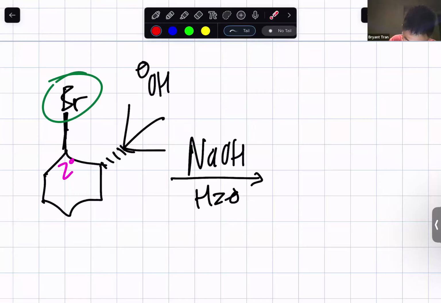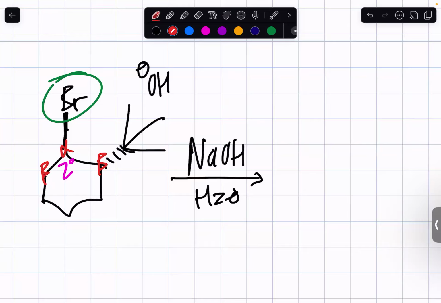Now, we know this is the alpha carbon, this is the beta carbon. And then from there, what can we do to predict the E2 product here? What proton are we interested in to grab?